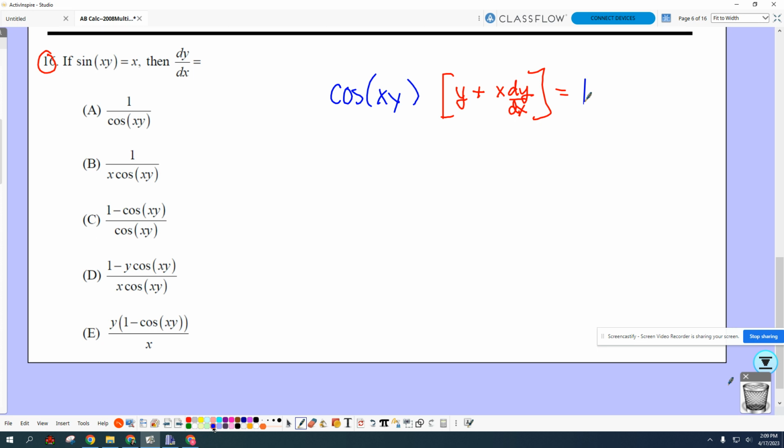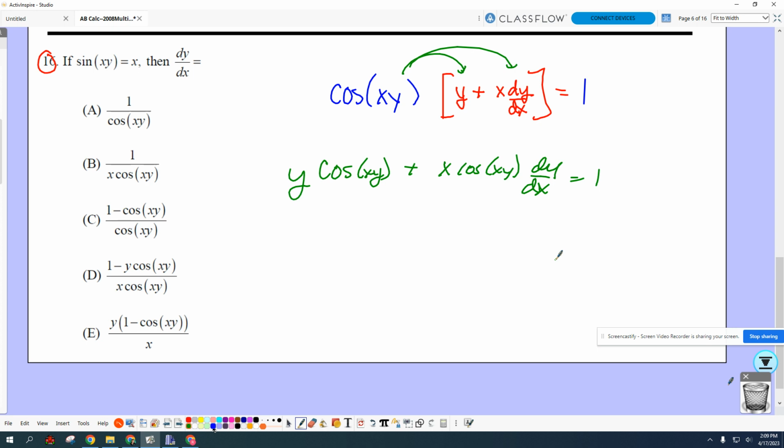So Jackson, can I immediately say, what do I got to do? So I distributed the cosine xy. And then I subtracted by y cosine xy. And then, I think it's D, or subtracted.